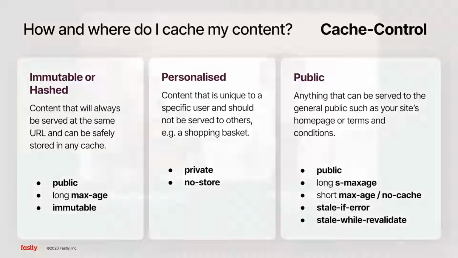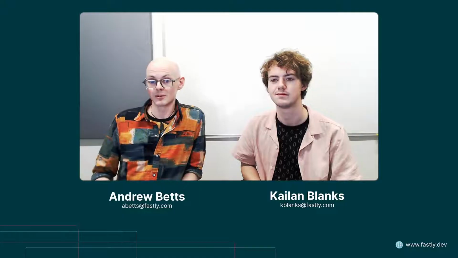Now the immutable keyword doesn't make a huge difference to Fastly, but it means that from the browser's perspective, if you serve a resource with immutable in the cache control header, then if the user refreshes the page, the browser actually won't refresh that resource because it knows that it can never change. So if it has a copy of it, there is no point in fetching it again. So that's what we should do with immutable content.